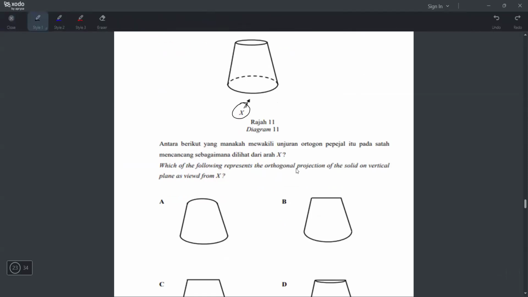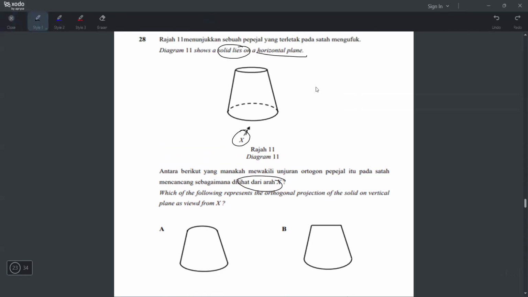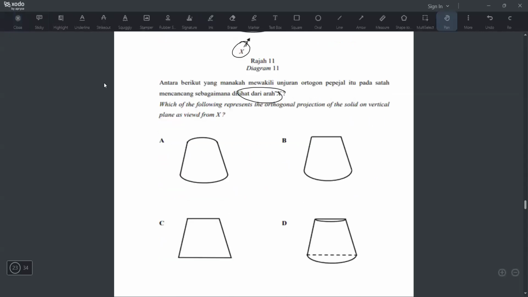Which of the following represents the orthogonal projection of the solid on a vertical plane as viewed from X? So, try to imagine. If the cup is upside down, and I look from X, what do I see? So, A, B, C, D, which one?